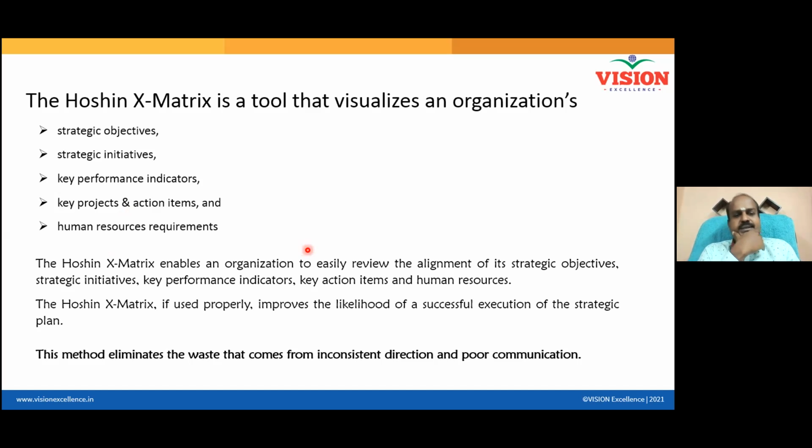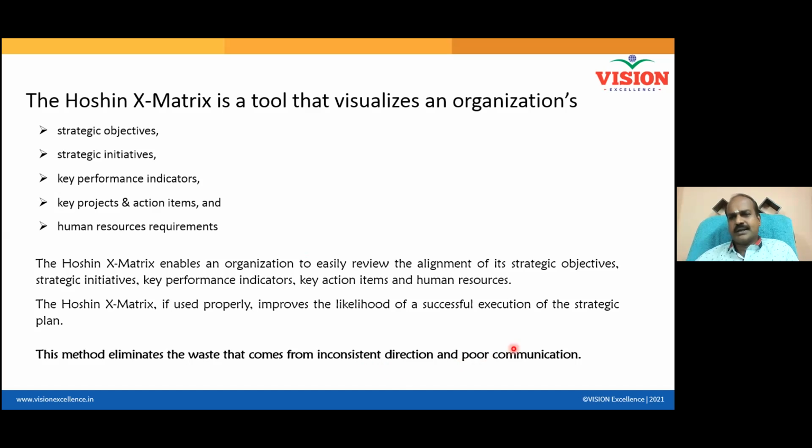The Hoshin X matrix enables an organization to easily review the alignment of the strategic objectives, strategic initiatives, KPIs, key action items, and human resources. If used properly, it improves the likelihood of a successful execution of a strategic plan, right? So this method will help you eliminate the waste that comes from inconsistent direction and poor communication.